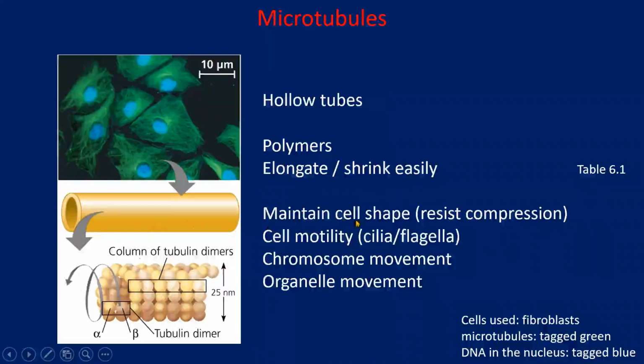It helps in maintaining the cell shape, and we can find these microtubules in cell motility, especially in the cilia or flagella organelles, and it can help in chromosomal movement and some organelle movement.